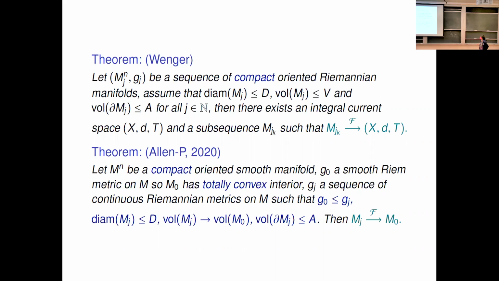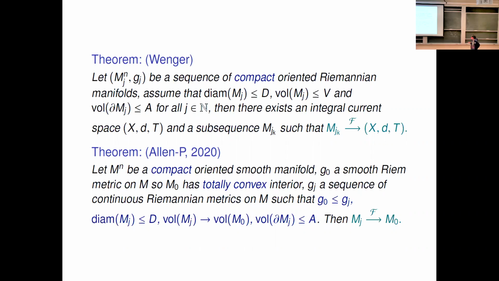Okay. And then, this is the classical pre-compactness theorem. But what we are going to be using is this theorem, in which you don't need to know what an integral current space is. So we have a sequence of Riemannian manifolds.